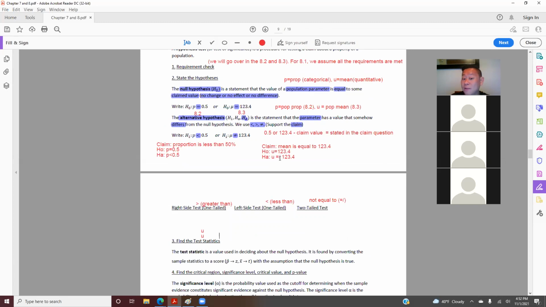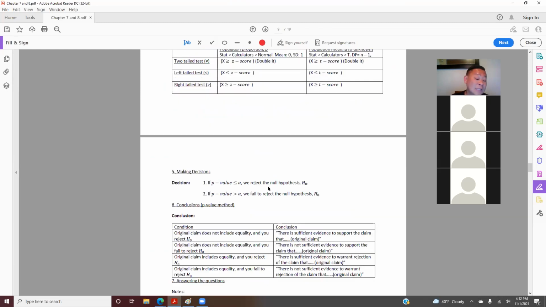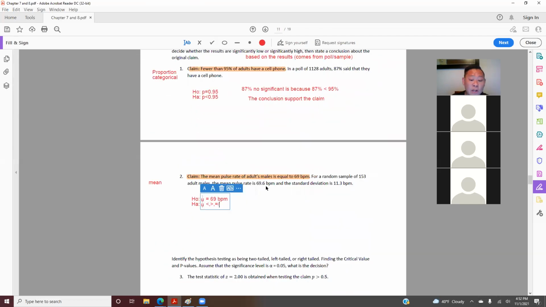Not equal to, yes. So if a question is using equal, we will be using not equal to. Not equal to 69 beats per minute. So this is how we write your hypothesis statement.